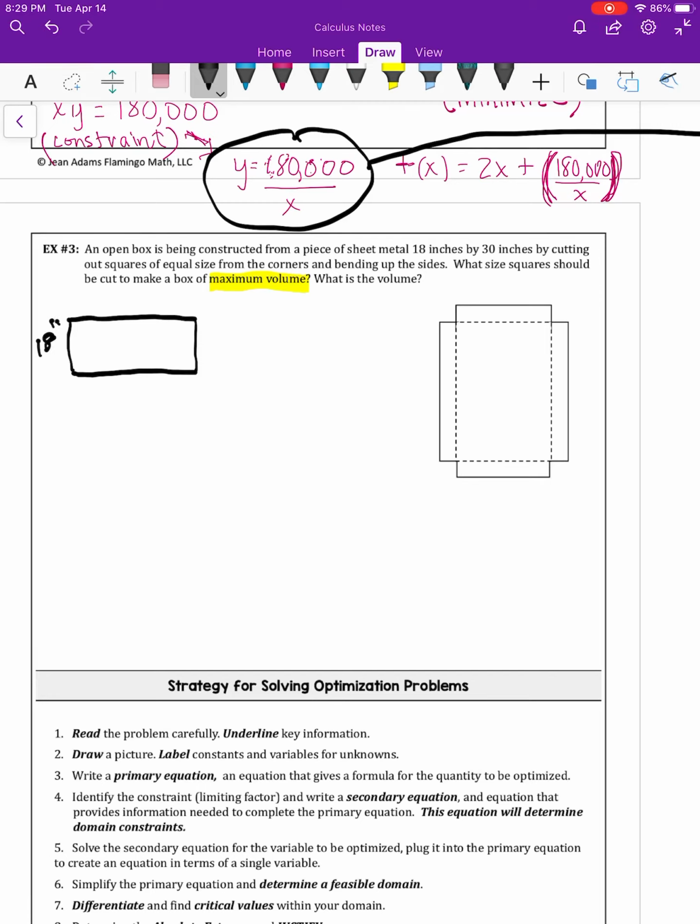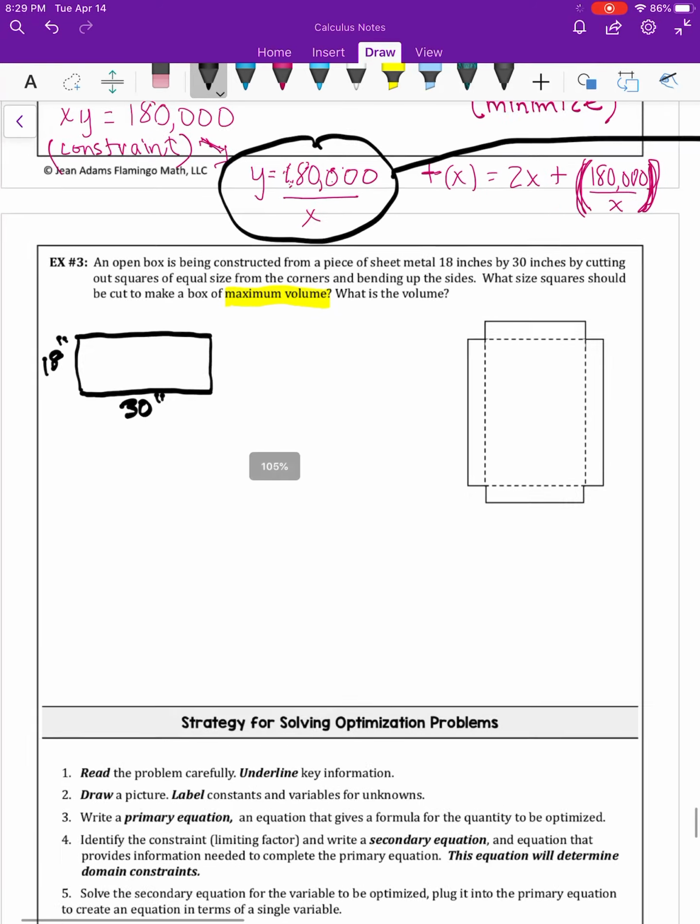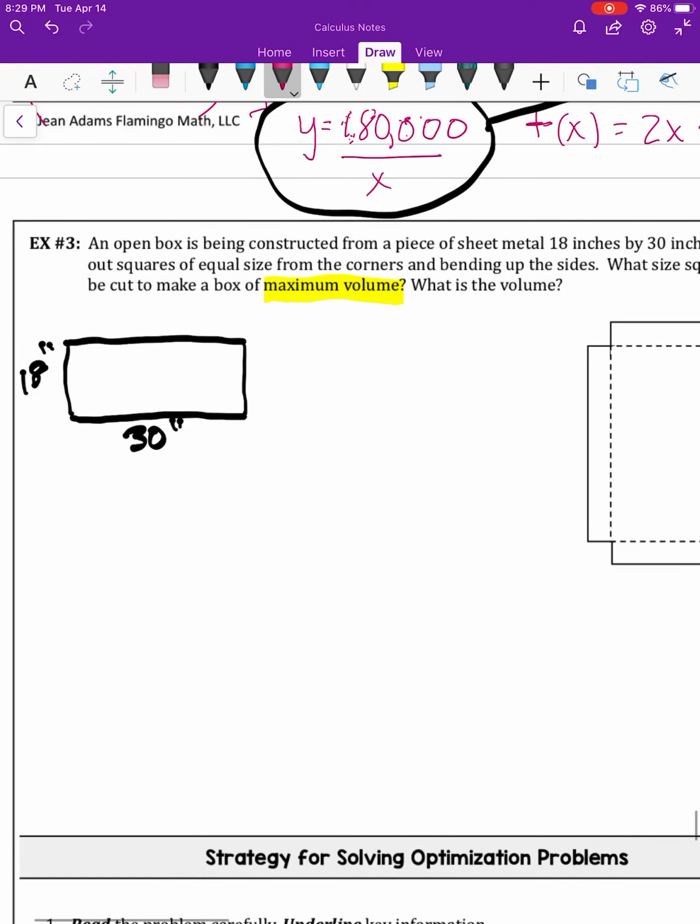You start out with a rectangular sheet of metal, 18 inches by 30 inches. They're going to have you cut little squares out of every corner. They're going to be x by x squares.